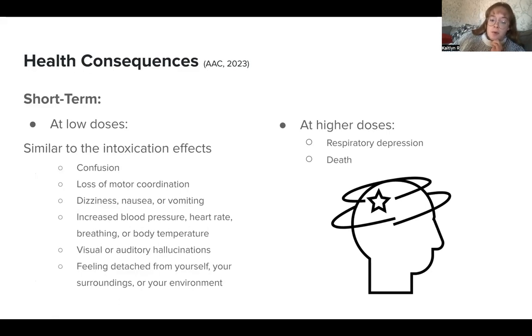It increases blood pressure, heart rate, breathing, or body temperature. It causes visual or auditory hallucinations, and it also creates feelings of detachment from oneself, surroundings, and environment. Short term at higher doses, some health consequences of ketamine are respiratory depression and even death.